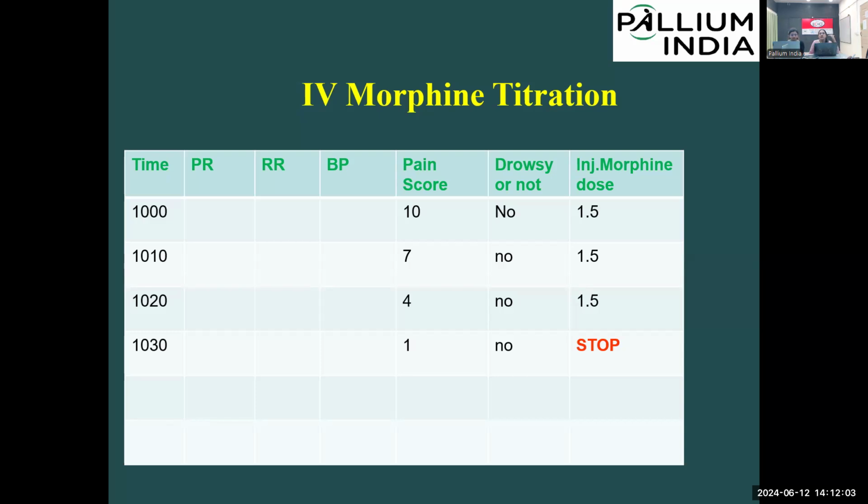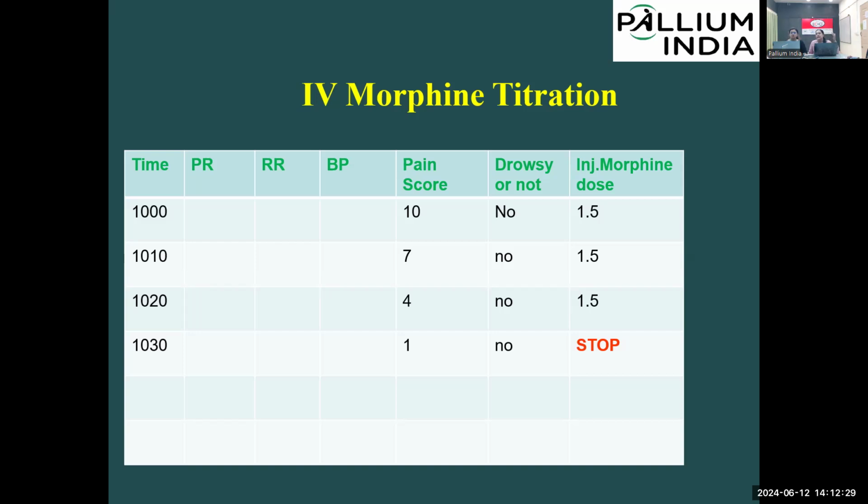The patient is still not drowsy, so another 1 ml of IV morphine is given. Next, wait for another 10 minutes, reassess the pain score and the vitals, and see that the patient is still not drowsy, but the pain score has become 1/10. And this would be the endpoint of the morphine titration for this patient.